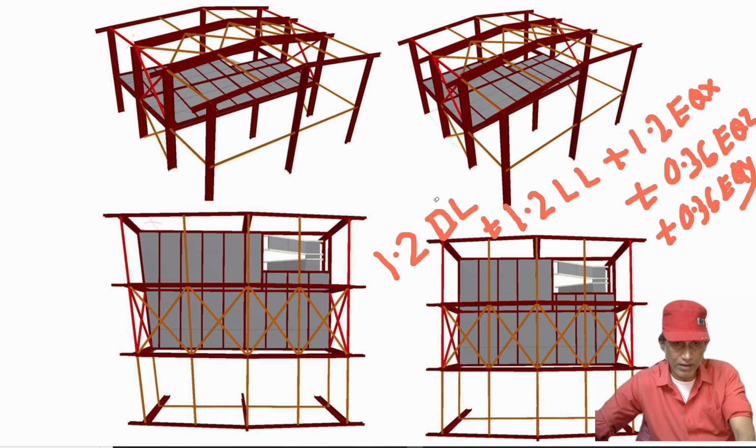So ultimately we'll get this combination: 1.2 DL, 1.2 LL, then 1.2 EQX plus 0.36 EQZ plus 0.36 EQY. So this will be the load combination that will be required for a building in which the lateral load resisting frames are non-orthogonal to each other, and it lies in seismic zone 4 or above.